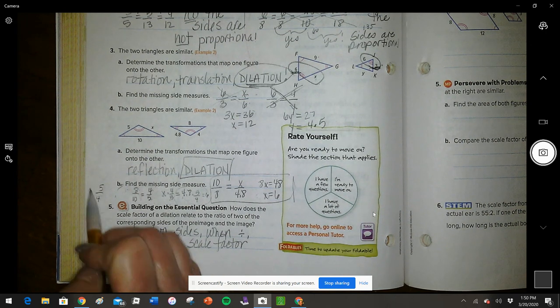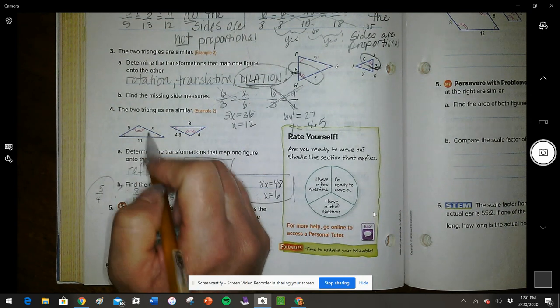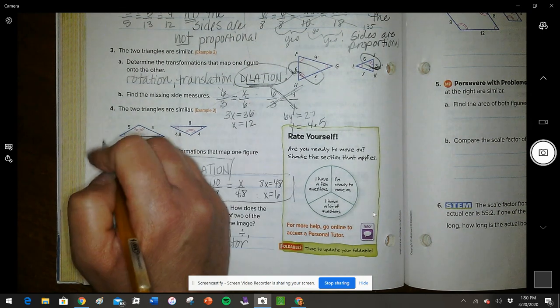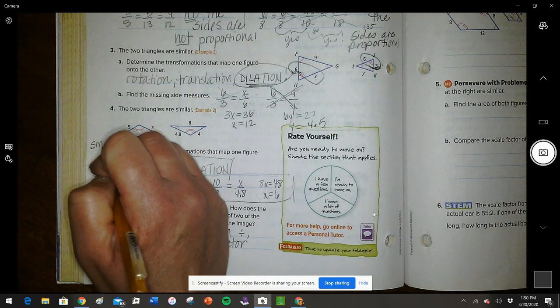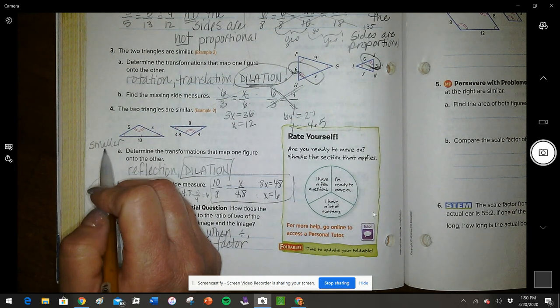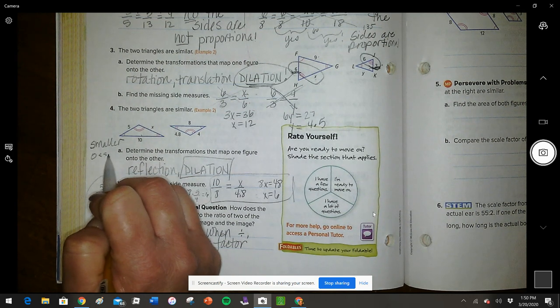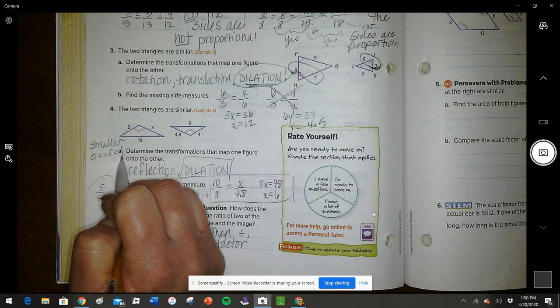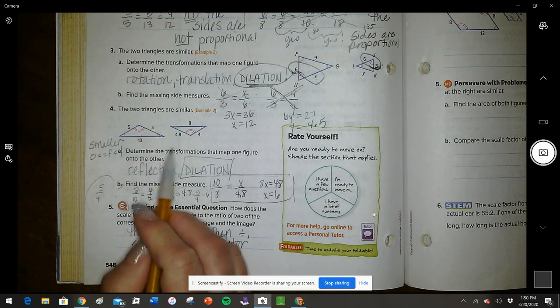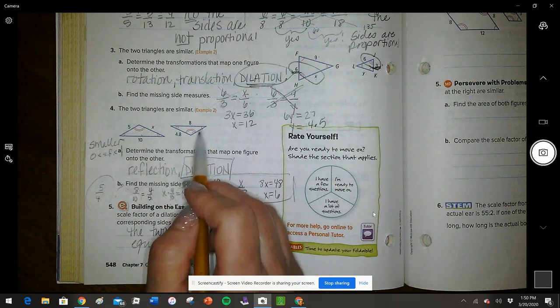Okay, I can tell you if you're going to do it this way, that if the shape gets smaller, remember your dilation, if it gets smaller, then that means it was a reduction and your scale factor should be somewhere between 0 and 1. Okay, and if your shape gets bigger, so if it was an enlargement, right?